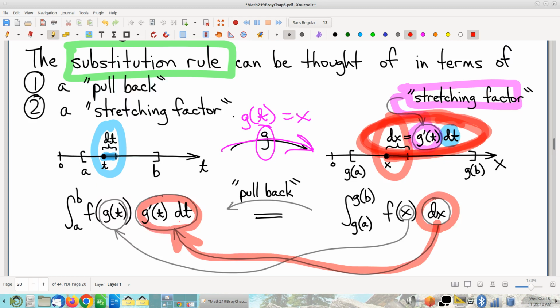And this brings me to the other of the two big perspectives that I want to push here, which is that there is a pulling back aspect of what I've written down here. So notice the function g goes this way. Inputs are over here, outputs are over there. But as a result of the function going that way, I argue that expressions go the other way. I just rewrote dx in terms of t.